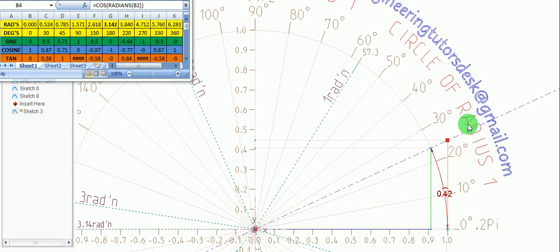Let us consider 45 degrees. At 45 degrees, the sine is 0.71, cosine is 0.71 and tan is 1. 45 degrees is also equal to 0.78 radians. Let us locate 45 degrees.